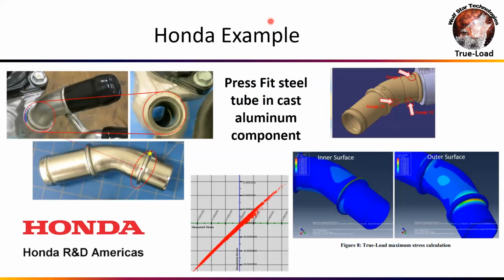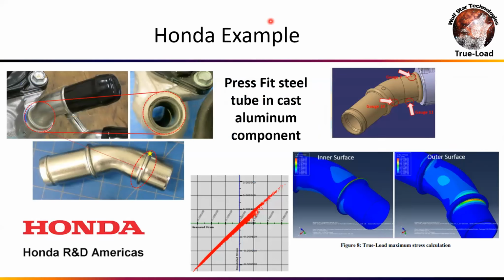This first one here is Honda. Honda had this oil passage on one of their engines, and they were experiencing some fatigue cracking. What they ended up doing is using TrueLoad to understand the internal pressures, the thermal gradients, and the mechanical movement of the ends of the tube here in order to understand the loads that were initiating their fatigue failures.